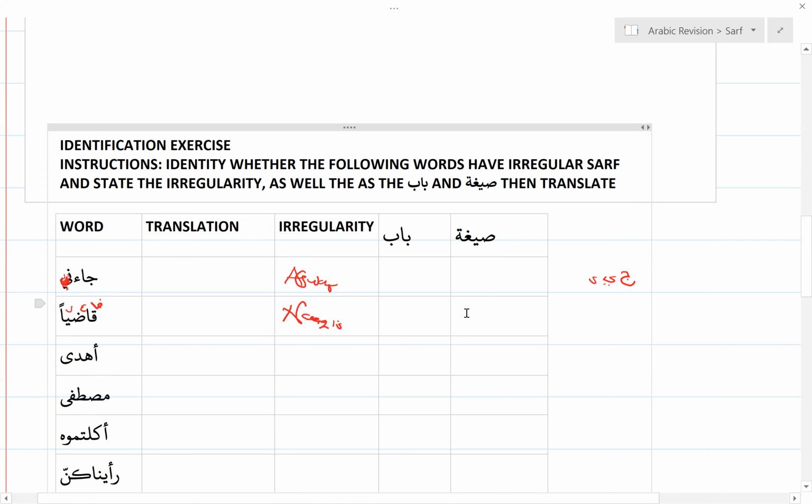Ism fa'il. Exactly, mansub nasab. Yes, the ism fa'il, the mansub version of it, like hadiyan. See, qadiyan, hadiyan, da'iyan. So it was qadin, qadiyan, qadin. That was what happened there. So you've already figured that out.